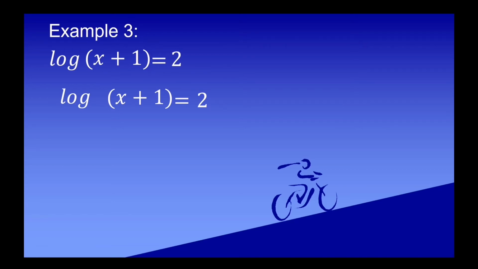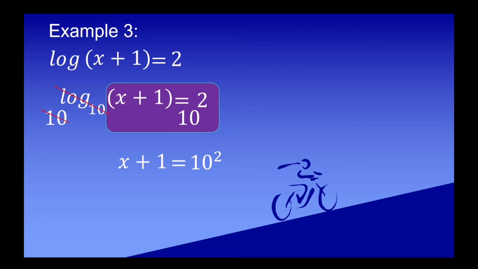This is called a common logarithm, but it is understood that 10 is our base. So by exponentiating, we can use this 10 to exponentiate both sides. So 10 cancels the log 10 and its base. Then we have a new equation here, x plus 1 is equal to 10 squared.